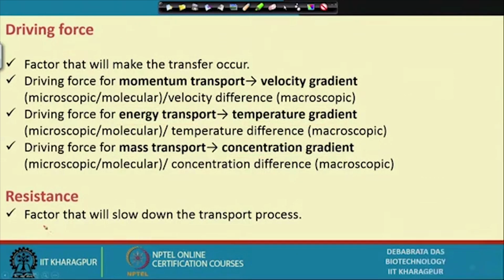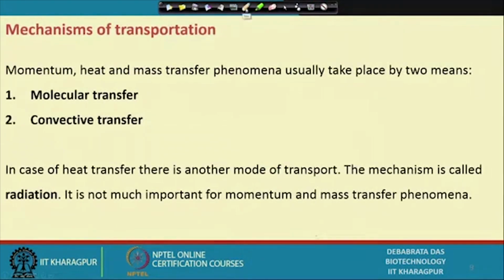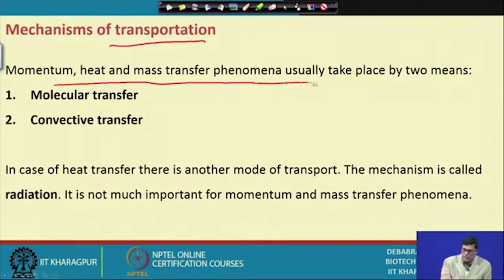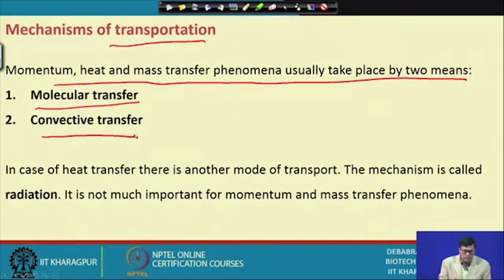The resistance factor will slow down the transport. The purpose of resistance is to slow down the transport processes. As I pointed out, very interestingly, momentum, heat and mass transfer phenomena usually take place by two different means: molecular transfer and convective transfer.